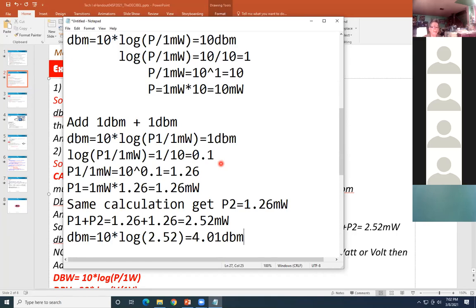You cannot add dBm to dBm. In order to do it, you have to convert dBm to watt or milliwatt, then you add the watts or milliwatts.